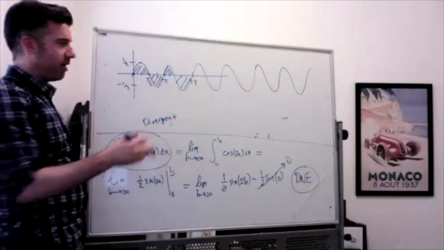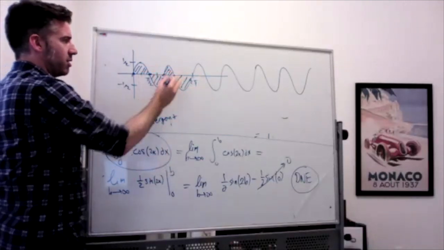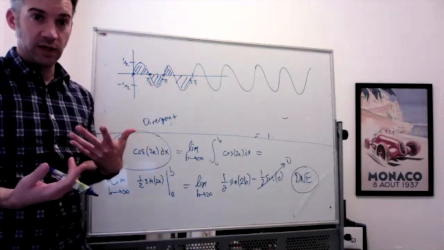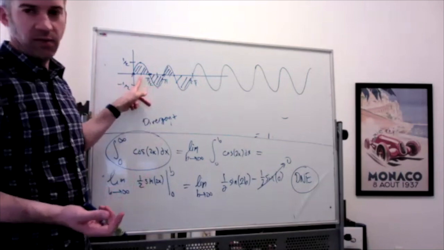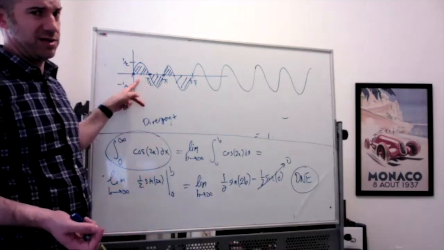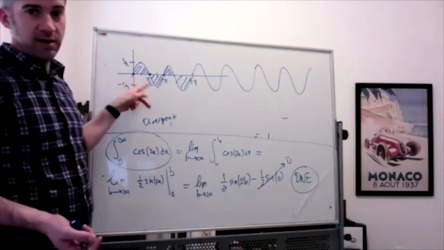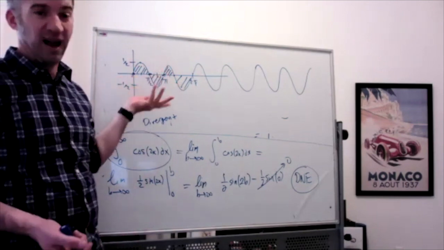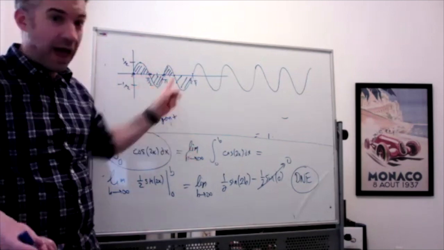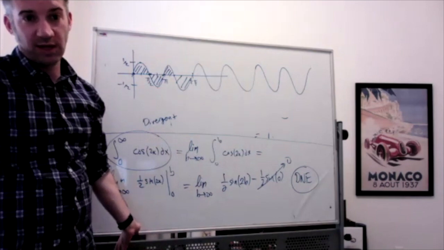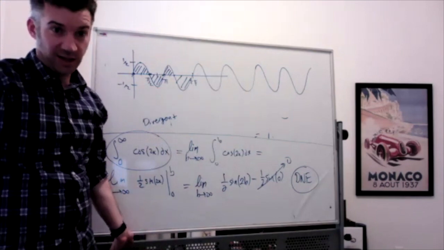So every other endpoint you pick, your integral values oscillate between some positive number, which I didn't calculate, it's probably like 1/2 or 1 or something, and then 0. Positive, 0, positive, 0. You keep going back and forth between these two numbers forever. The integral doesn't converge, right? The limit doesn't exist.